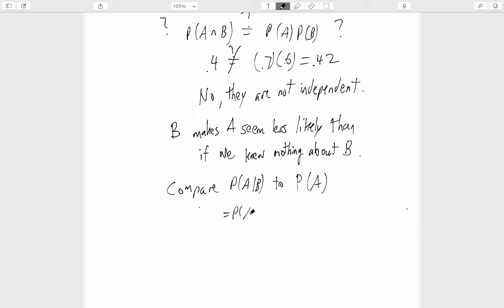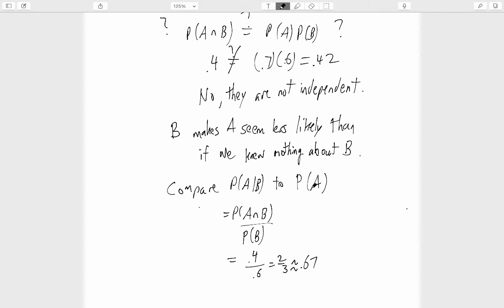That is, compare the after-the-fact probability of A to the before-the-fact probability of A. The after-the-fact probability of A is the probability of A intersect B divided by the probability of B. That's just the definition of conditional probability. This equals 0.4, that's the numerator, divided by 0.6, that's the denominator, which equals 2/3, approximately 0.67.